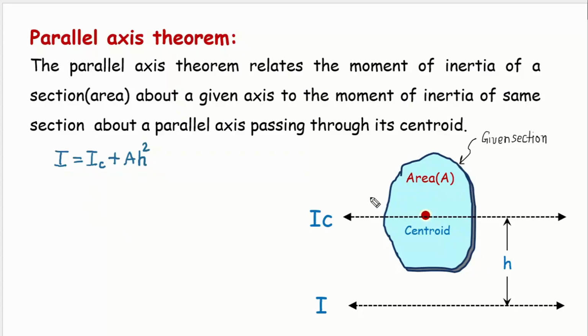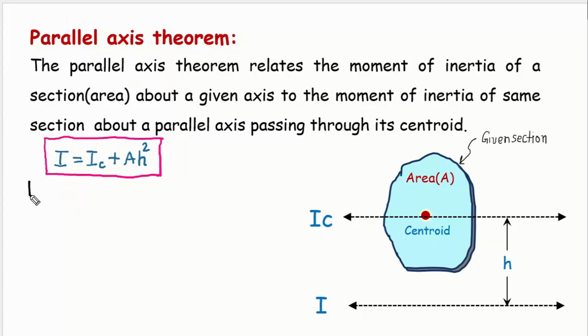If you want to find the moment of inertia of this section about this axis, you find the moment of inertia of the same section about an axis passing through the centroid and parallel to the required axis. So you find IC, and then you add the area of the section times the square of the distance between them. This is how we can find the moment of inertia of a given section using the parallel axis theorem. This equation is the parallel axis theorem.